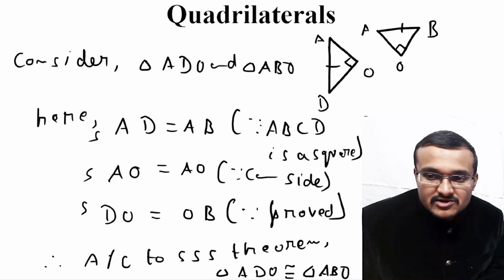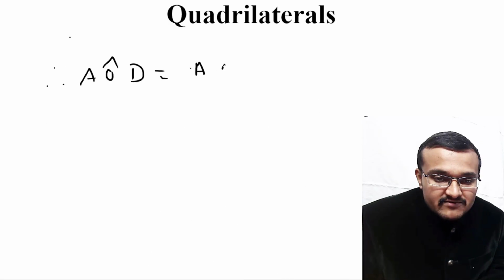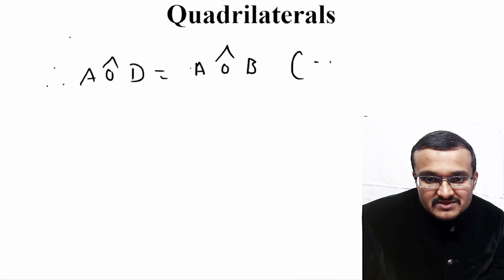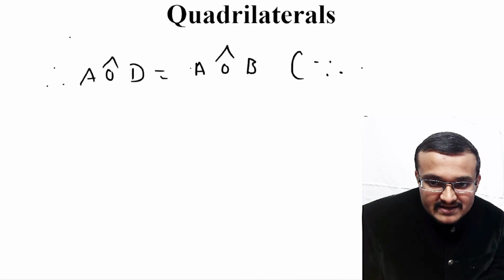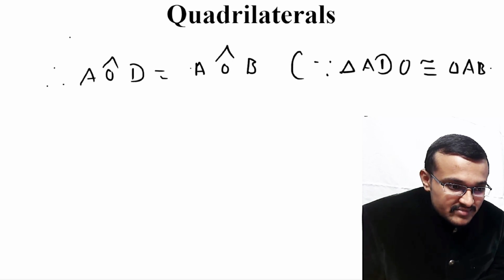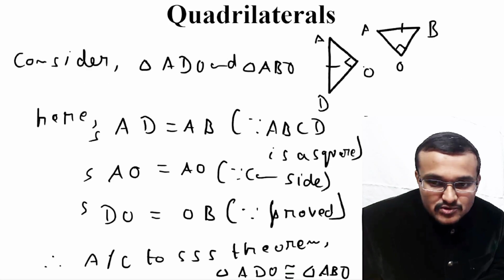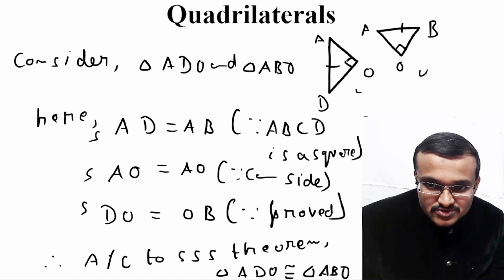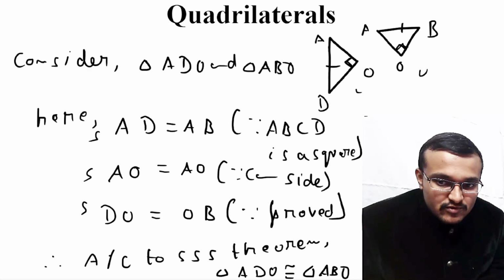That is, AOD will be equal to AOB, because triangle ADO is congruent with triangle ABO, which we have proved.